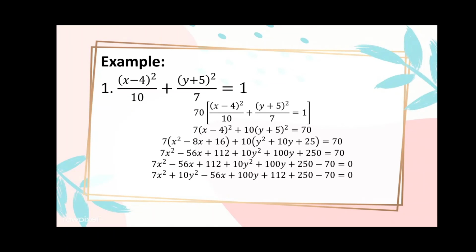If you need to add or subtract or perform operations on all the constant terms, just do it. So for performing the operations, we have now 7x squared plus 10y squared minus 56x plus 100y plus 292 is equal to 0. And that is now our final answer.